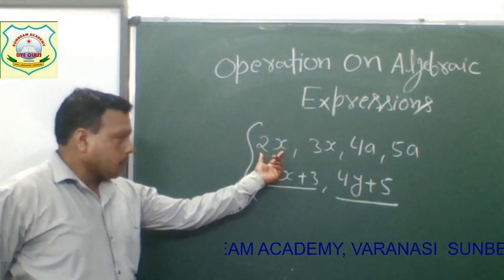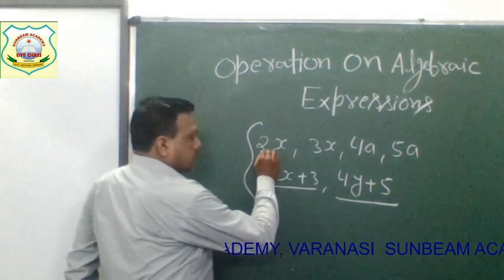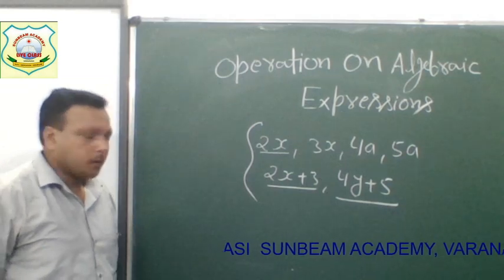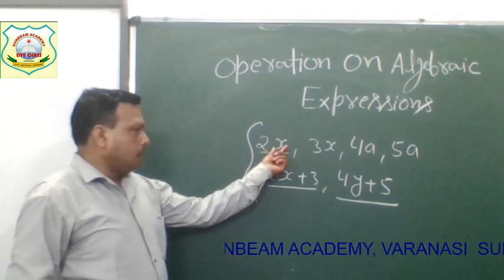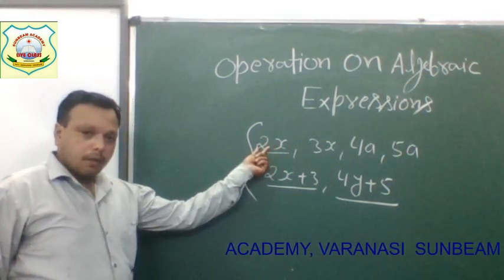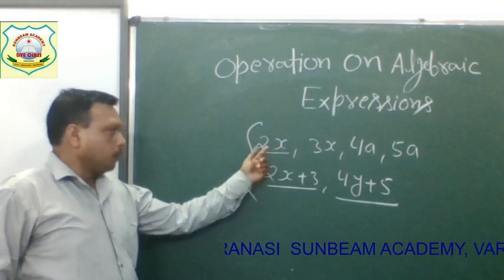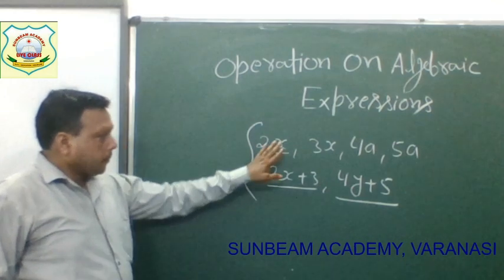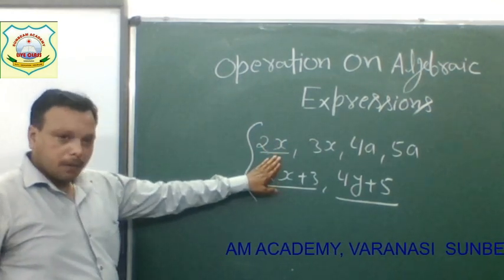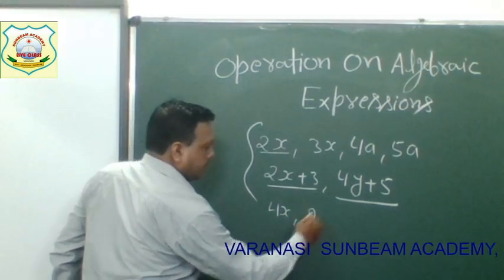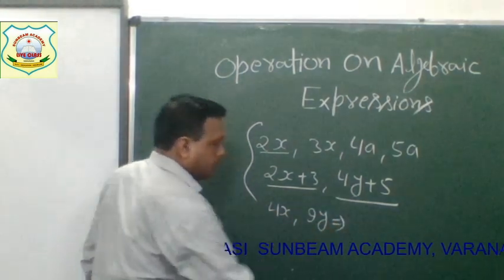Students, first of all, this is also known as a variable value. If a variable is attached to a constant value, meaning multiplied, it is a form of variable. 4x, 9y, these are variables. Why variables?